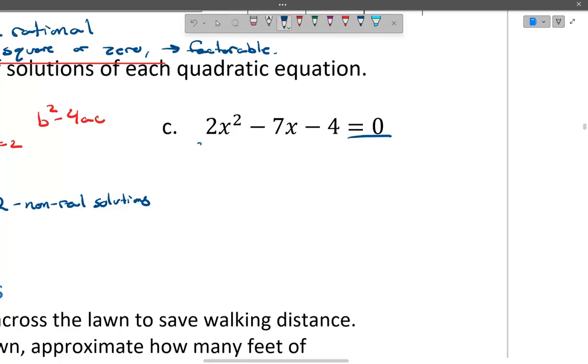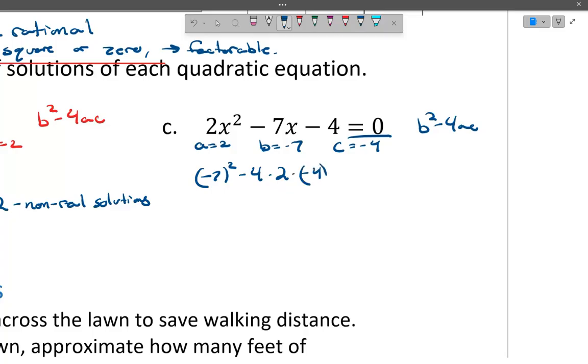So here we make sure that we are in standard form and we are set equal to 0. The value of a is 2, b is -7, and c is -4. So we'll use our formula, b squared minus 4ac. -7 squared minus 4 times 2 times -4.